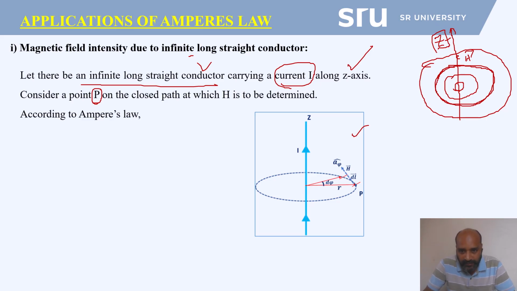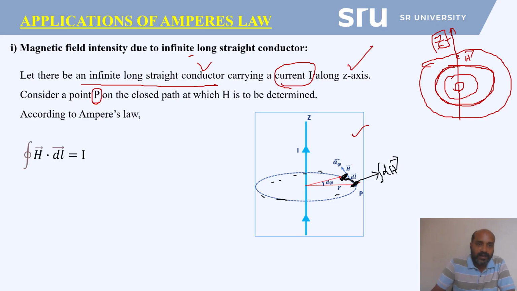In order to calculate that, first we'll select a small segment dL on the closed path. Then we'll calculate the amount of magnetic field intensity dH. Of course, this dH is due to what? This current carrying conductor. Then if you integrate this over the complete length, I mean instead of dl, if you integrate that for this entire path, that will give the total magnetic field intensity due to that current carrying conductor.